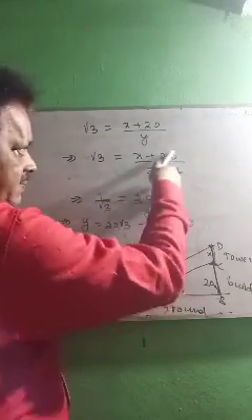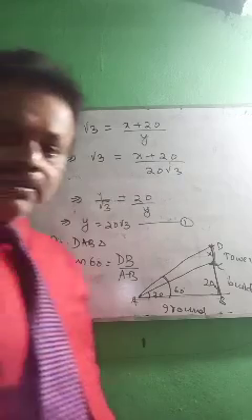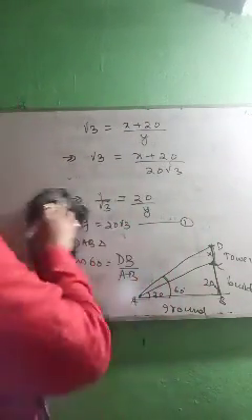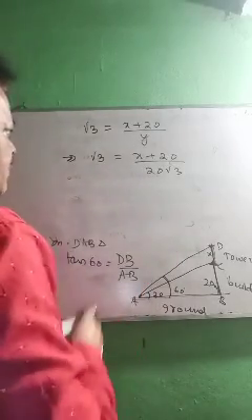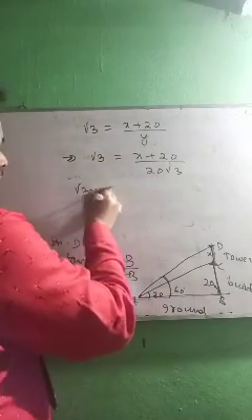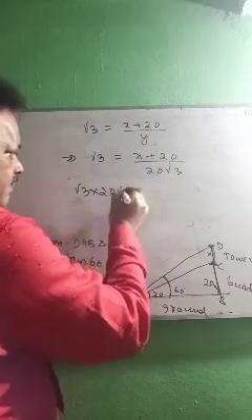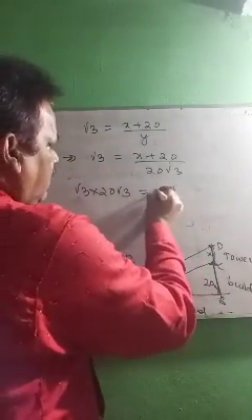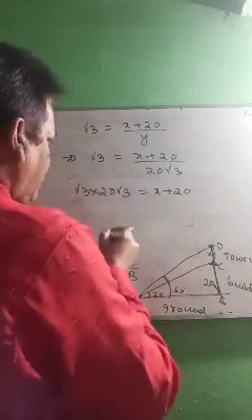Don't cancel this. Sometimes you do a mistake with this. You cannot cancel these two. You have to do a cross multiplication. So what will you get? √3 into 20√3. This into this equals to X plus 20.